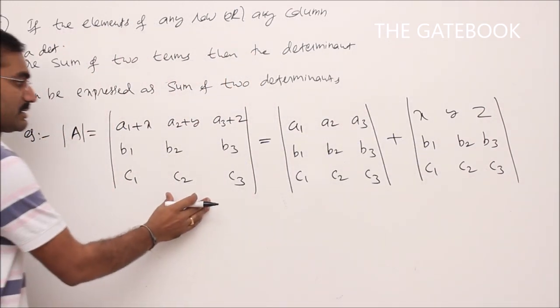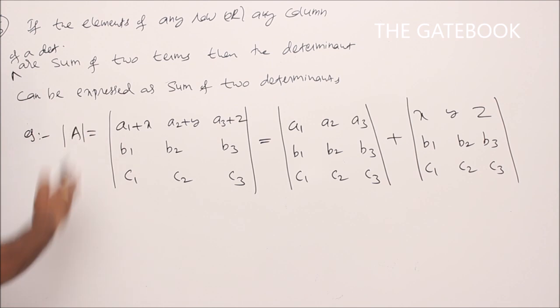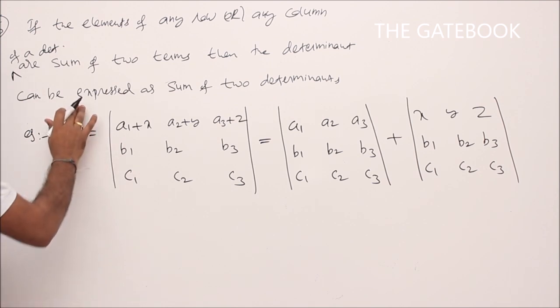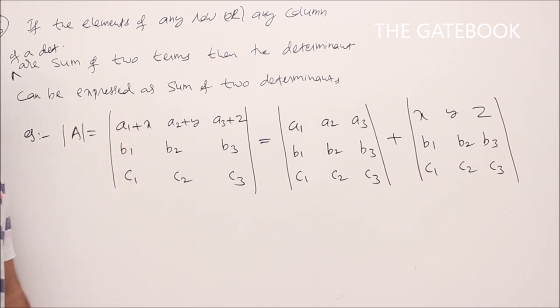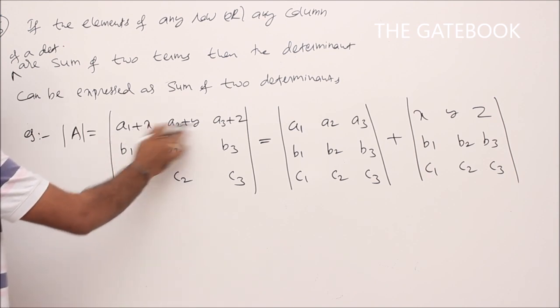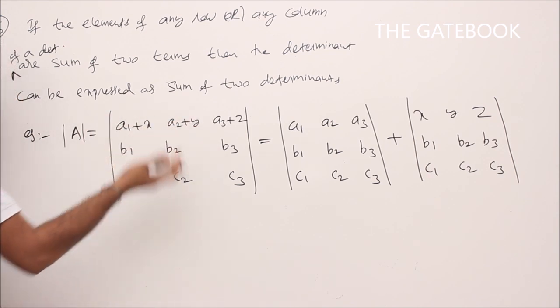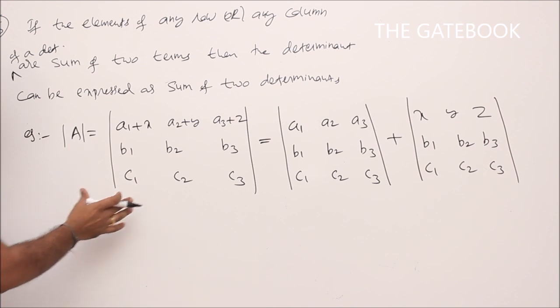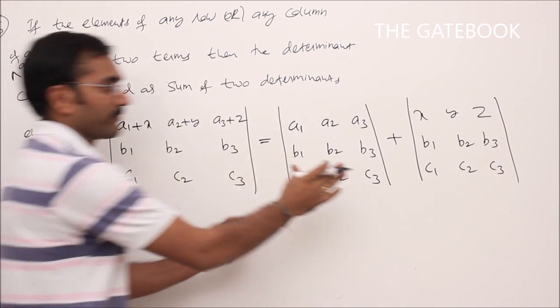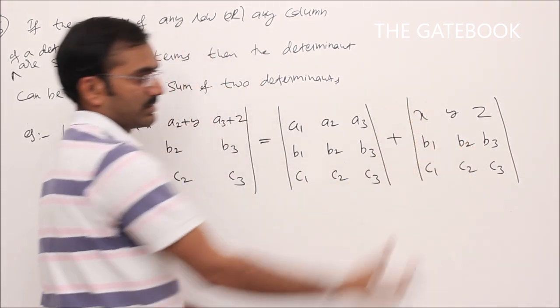Expressing that determinant as sum of two determinants using that property. So this property we can extend for more than sum of two terms also. Suppose if elements of any row or any column are sum of three terms or more than three terms, then we can express that determinant as a sum of three determinants, three or more than three, like this.